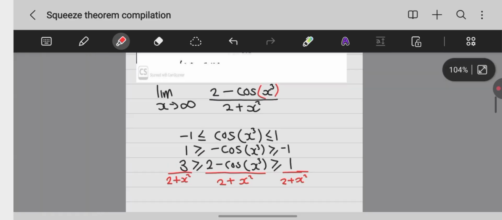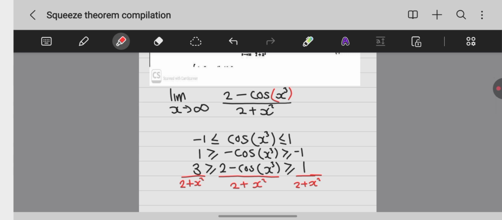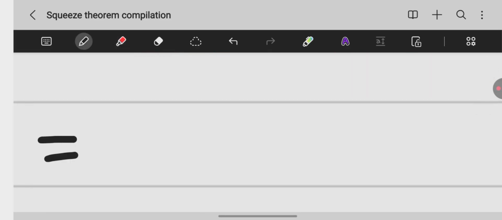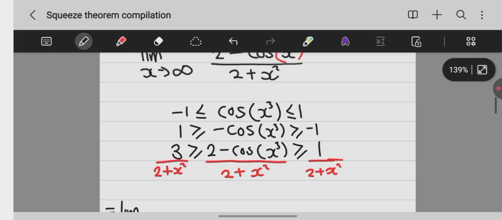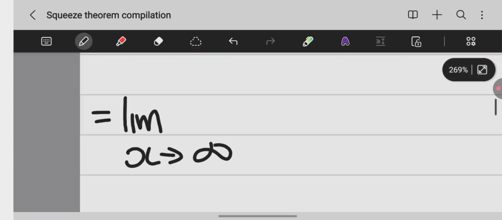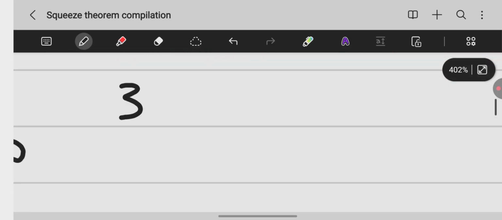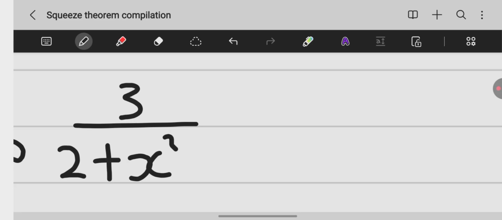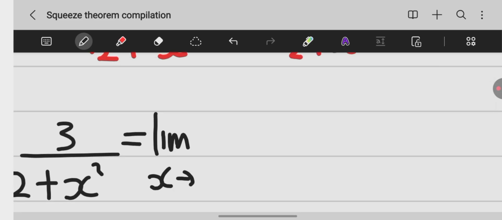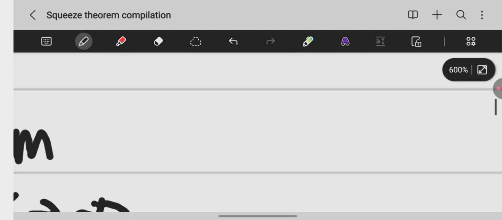And now because my middle looks exactly like my given question, that would mean I can now start with my squeeze theorem. This would be the same as the limit as x approaches infinity, and I think we have here 3 over 2 plus x squared. That's the same as the limit as x approaches infinity. And because our highest degree on the denominator is x squared, everything would be divided by that.